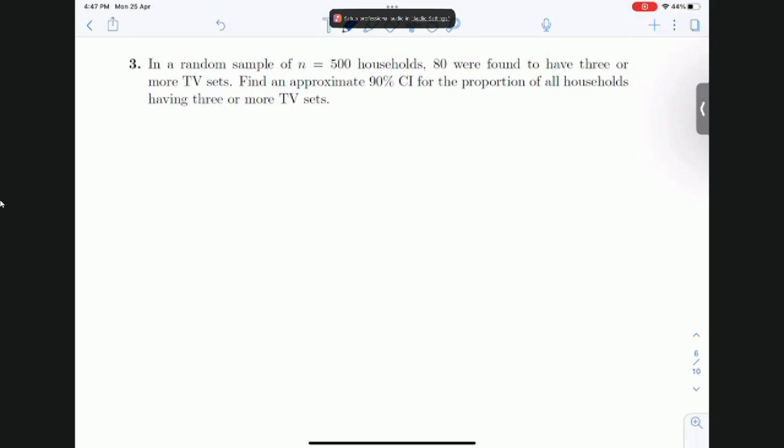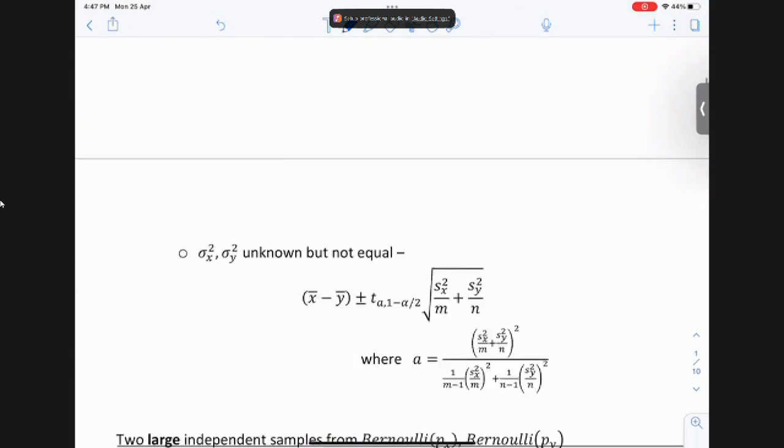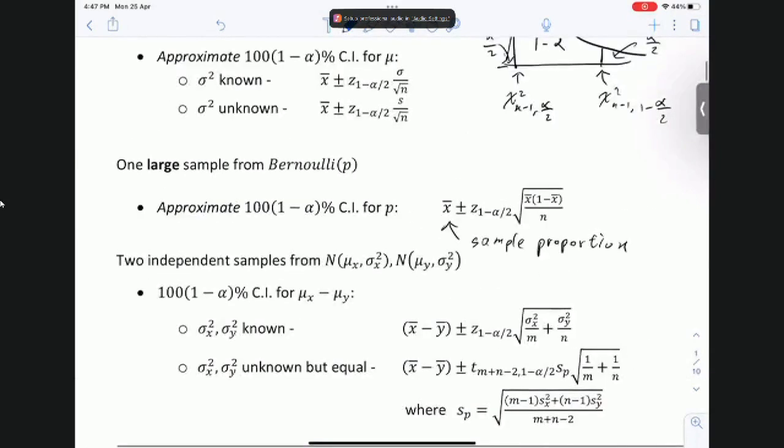So it is a problem involving a proportion P. For the formula you have learned about proportion, you can identify this formula. Okay? For a large sample, the confidence interval for the proportion is obtained by the sample proportion plus minus the quantile multiplied with this standard error.